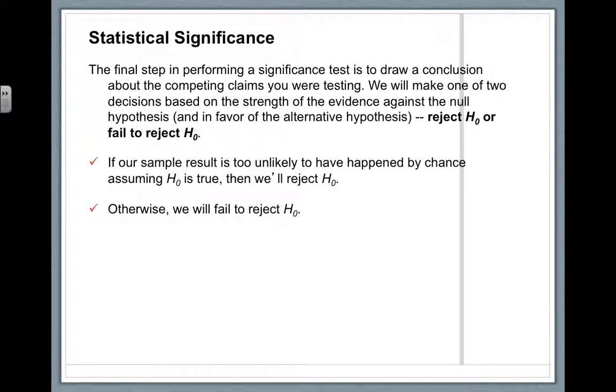You ever notice that a jury will say not guilty? They won't say that you're innocent. That means the evidence is not strong enough to prove that they're guilty. They may not necessarily prove that they're innocent. They're just not able to prove that they're guilty.